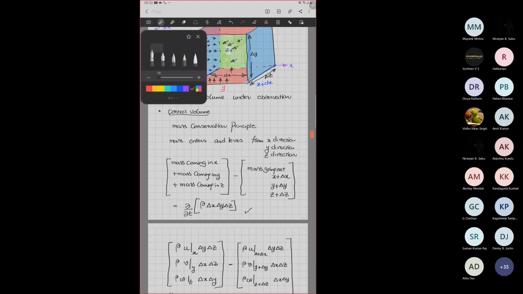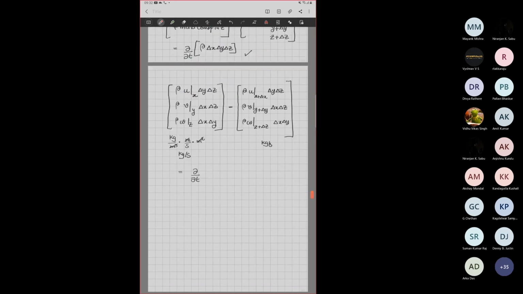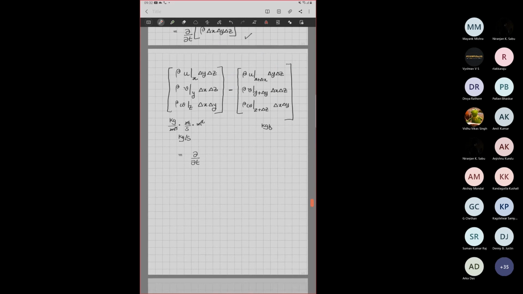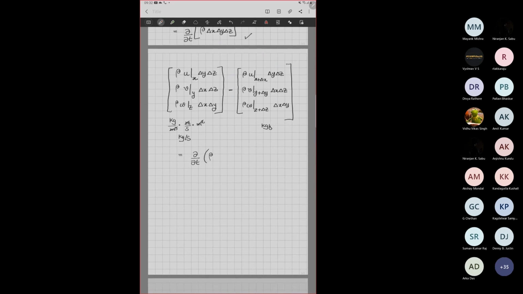This one enters, maybe some other one leaves. So we are not tracking individual particles, but at a fixed location, Eulerian coordinate system. Del by del t of rho delta x, delta y, delta z. Units are kg per meter cube multiplied by meter cube per second, kg per second.